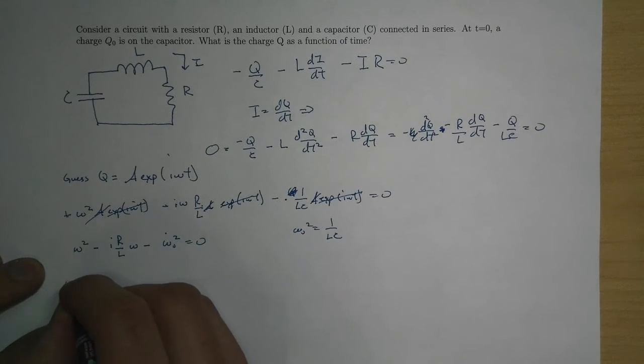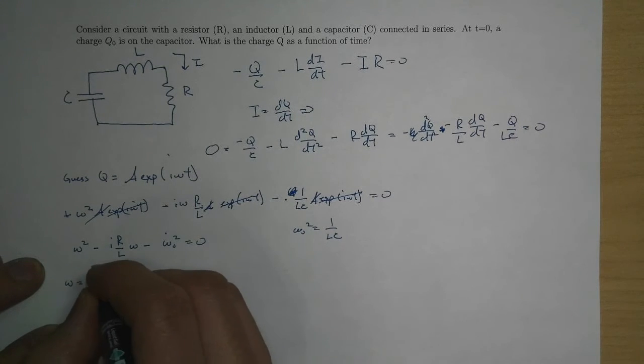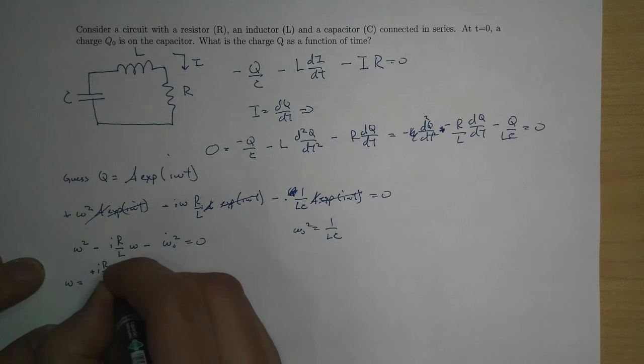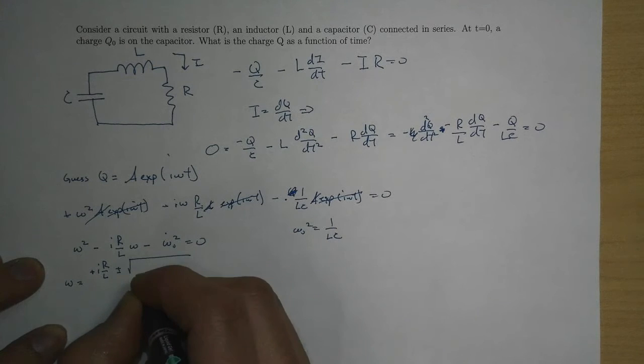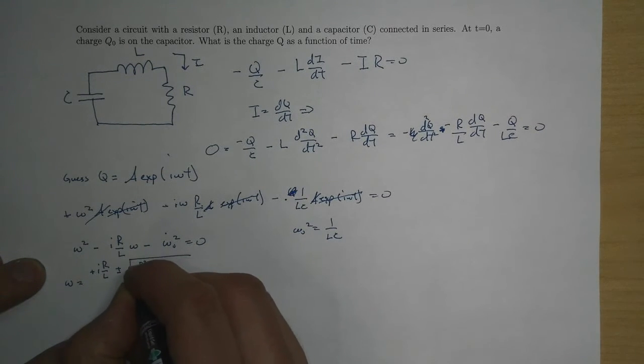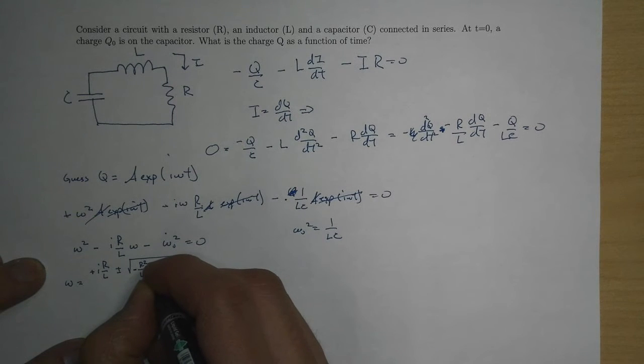Basically, omega is equal to minus b, which in this case is plus I R over L, plus or minus the square root of b squared, which is R squared over L squared times I squared, which gives a minus sign, minus 4AC.